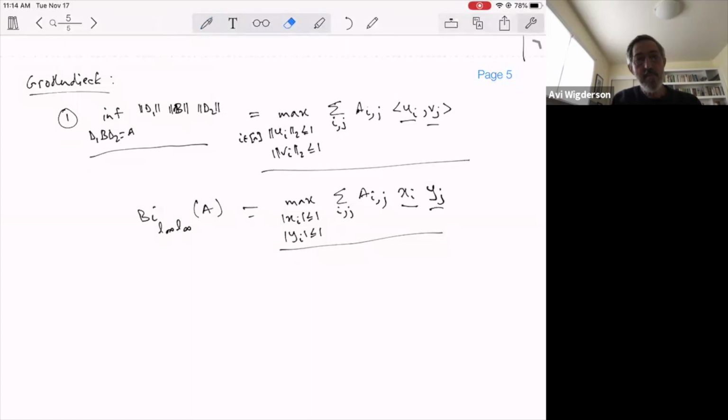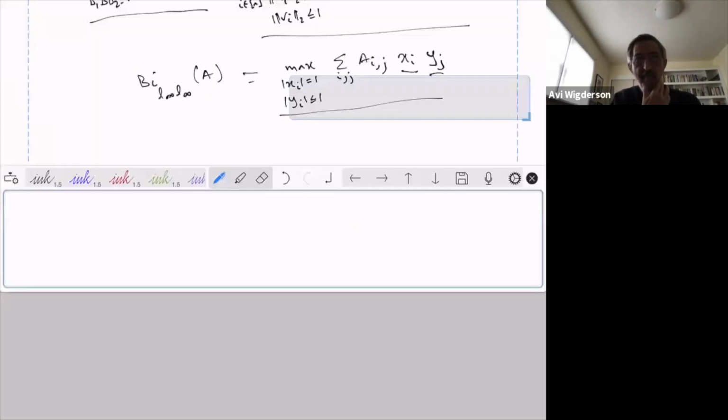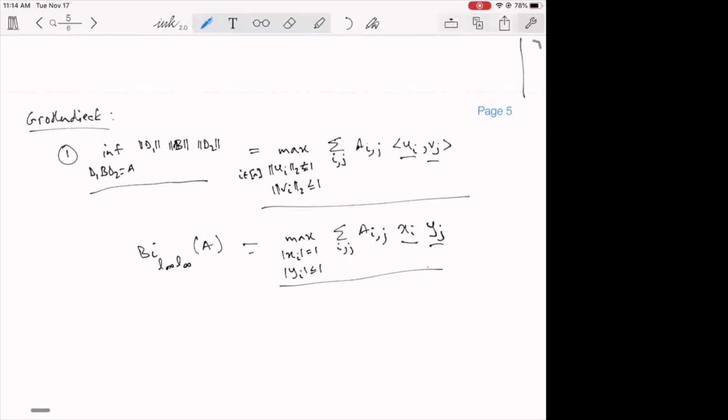Another remark: by a simple perturbation argument, we can always assume equality in these things. The argument would be, assume you have some optimal configuration. By just scaling up or scaling down, you can improve the value.